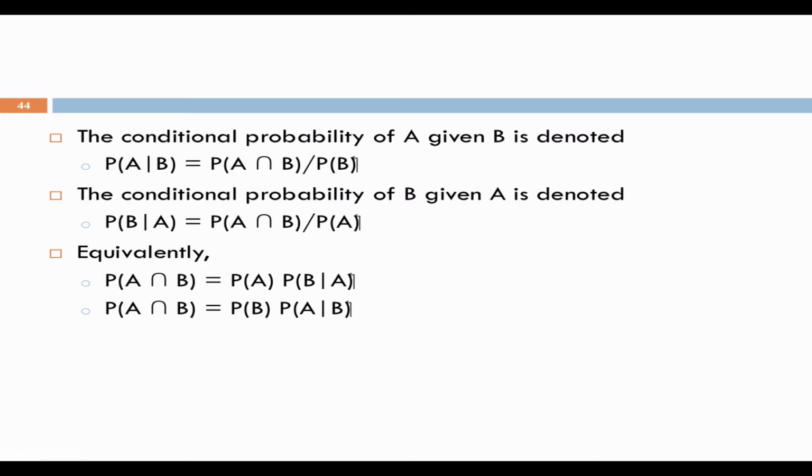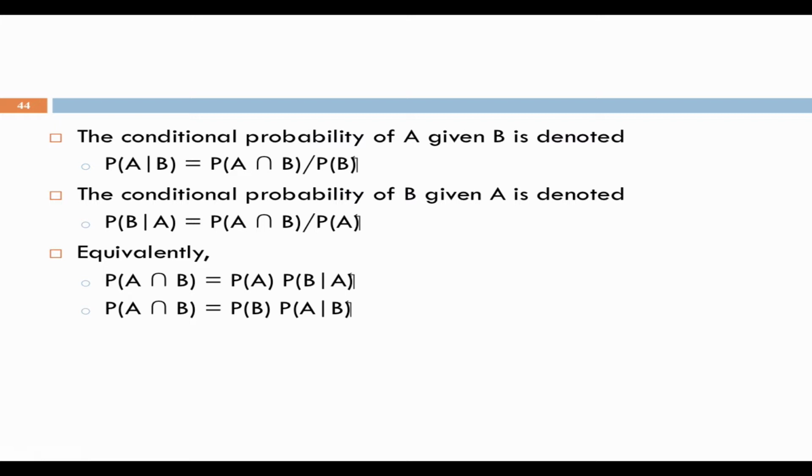From this Venn diagram, this space represents the sample space of event B. So when B already happens, it must be an element in that sample space. And in that sample space, what is the probability that A happens?